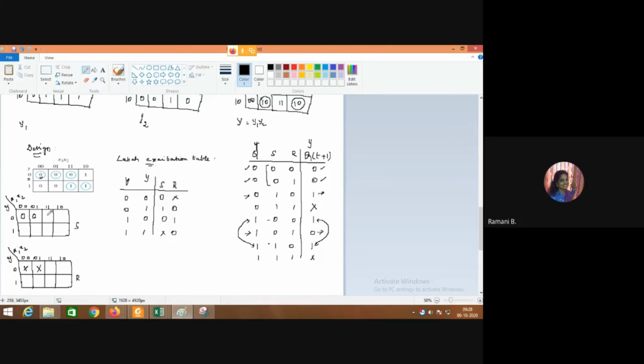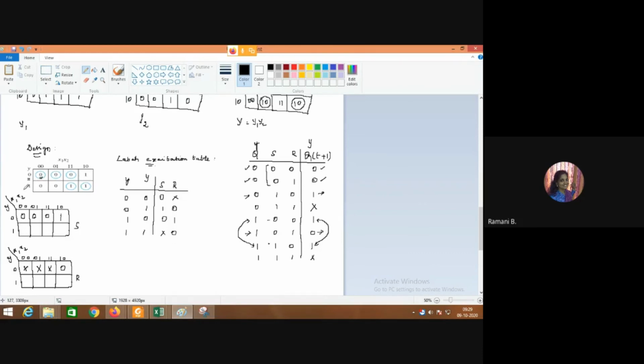Here also S is 0 and R is don't care. The next case is small y is 0 and capital Y, the value inside the map, is 1. It corresponds to S equal to 1 and R equal to 0. So I fill the map simultaneously for S and R: this is 1 and this is 0.